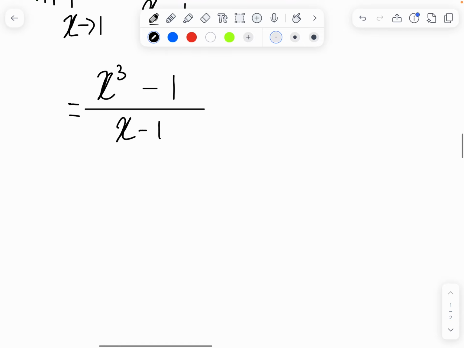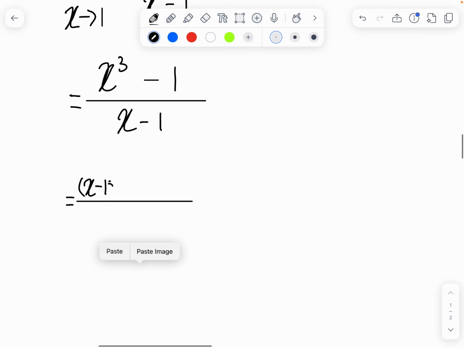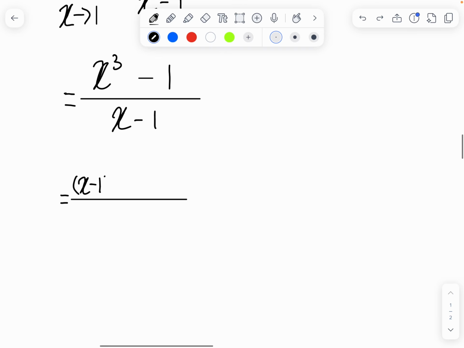So we can factor the top and we get x squared plus x plus 1, and then the bottom would be x minus 1.